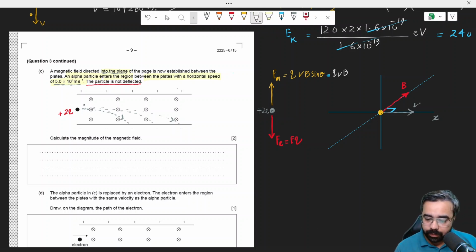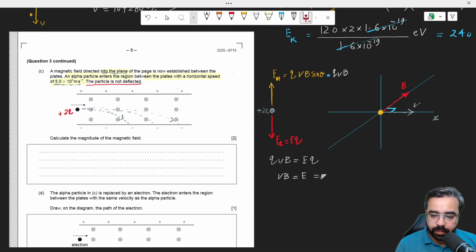So let us solve it. QVB is equal to EQ, right? And you see that Q and Q cancel out, so VB is equal to E, right? And what is the magnitude of the magnetic field? That's what we want to find out. So B is equal to E over V, right? And let's put in the values.